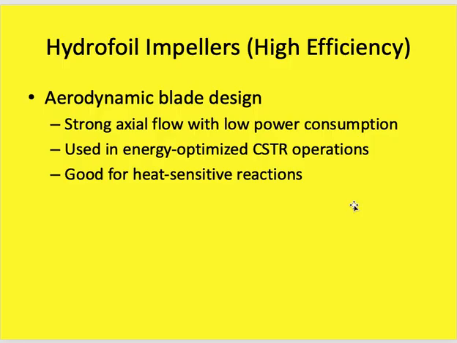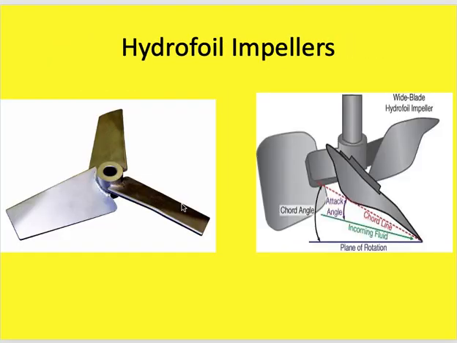Strong axial flow with low power consumption. So this is one of the advantages of the hydrofoil: a strong axial flow with lower power consumption. It is used in energy optimization of continuous stirred tank reactors, and is good for heat sensitive reactions. Okay, so if you are working with highly sensitive reactions, it's recommended to use this type of agitator.